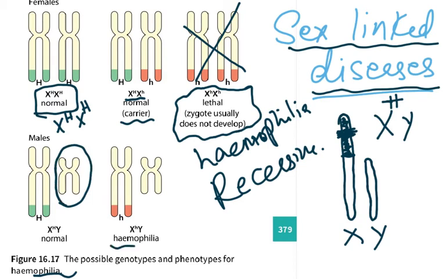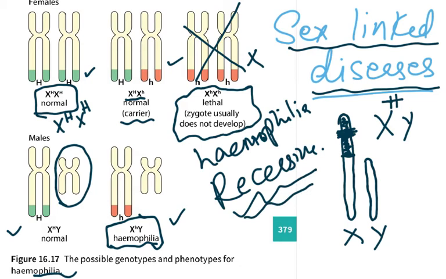And a hemophiliac man would have the small h and of course nothing on the Y. So please understand this. Women can be normal or a carrier. There's no such woman who's a hemophiliac. And a man can be normal or he can be a hemophiliac, which means he is going to carry the recessive allele.